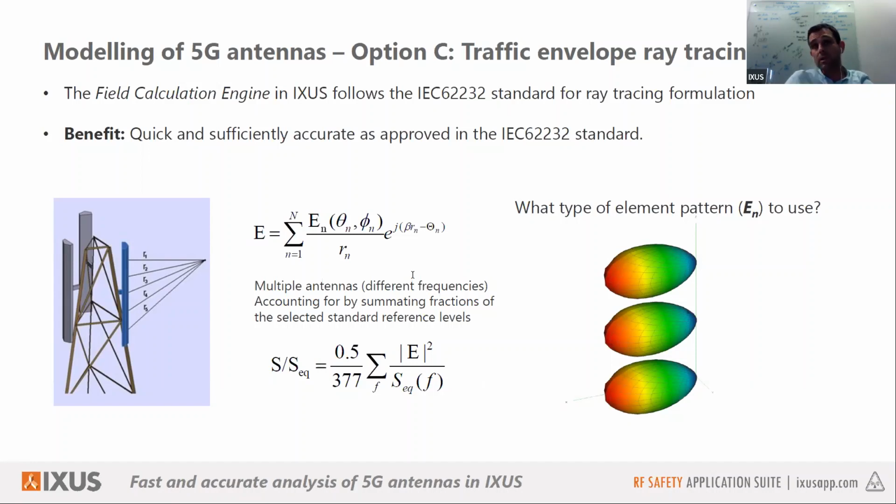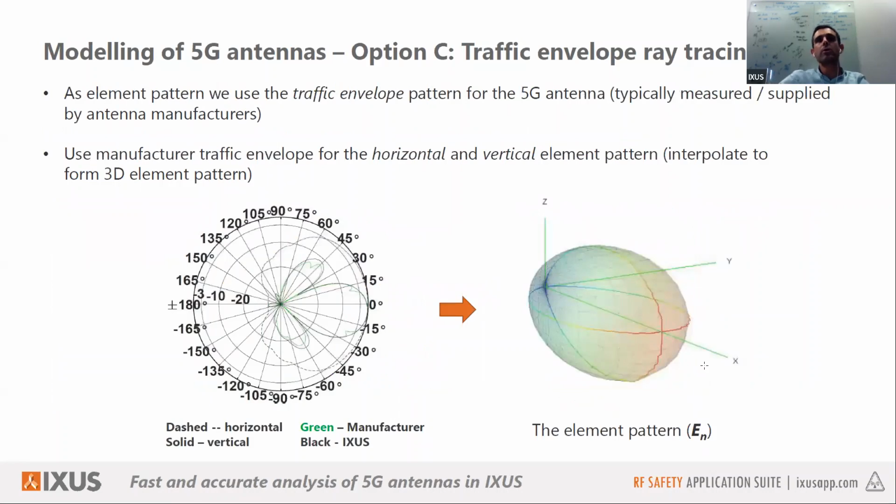Okay, so this is a nice verified approach in a well-known standard, but what should you choose if you want to use it for 5G analysis? What should we use for our element pattern? We already know that we can get some data from the manufacturers, and the pattern that we request for this particular modeling is what we call the traffic envelope pattern from a manufacturer.